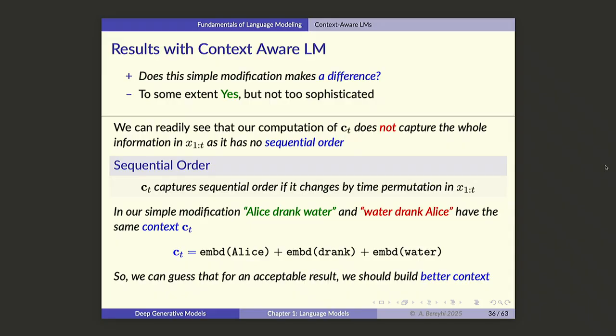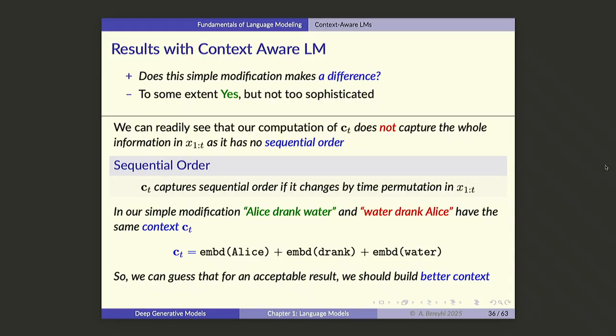Correct? So this model is lacking the sequential order, and sequential order for text generation is quite important because you want your model to somehow understand which word is showing up where in the sentence, right? And right now, this model that we have made is not doing it. Okay?